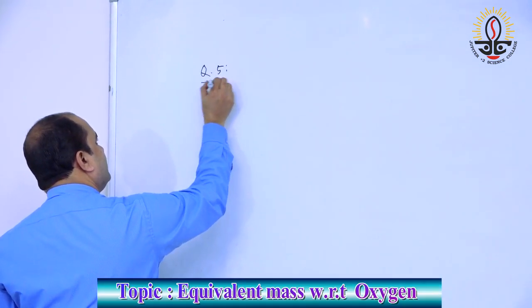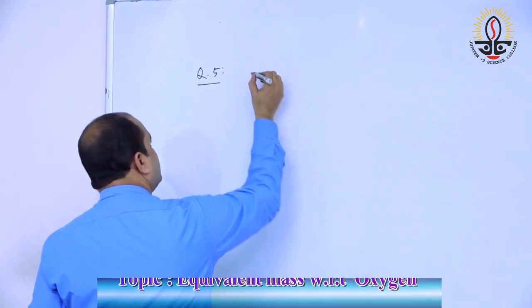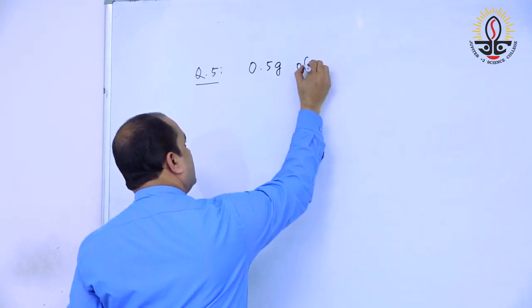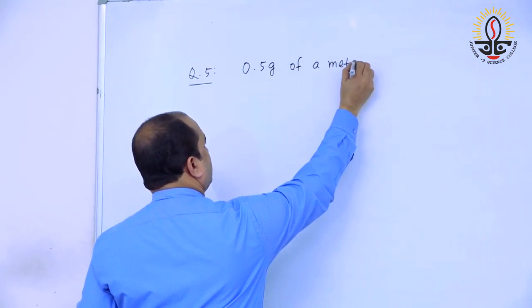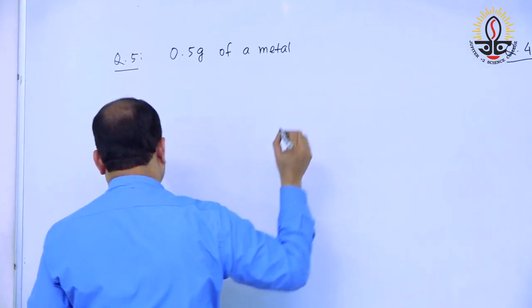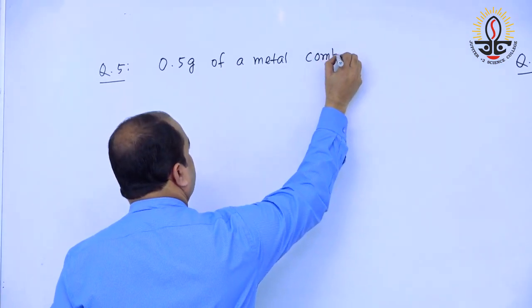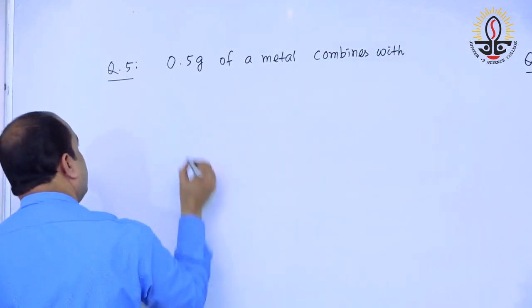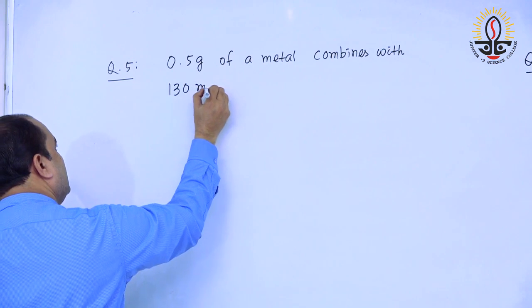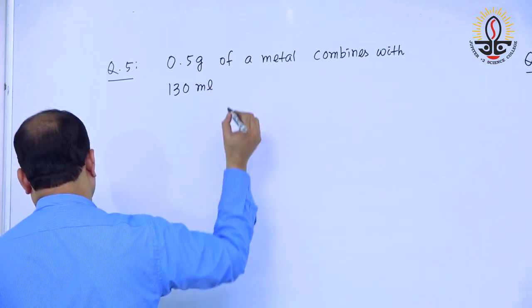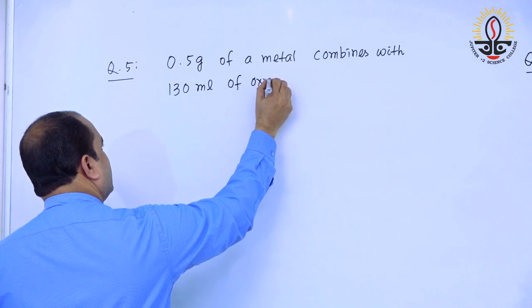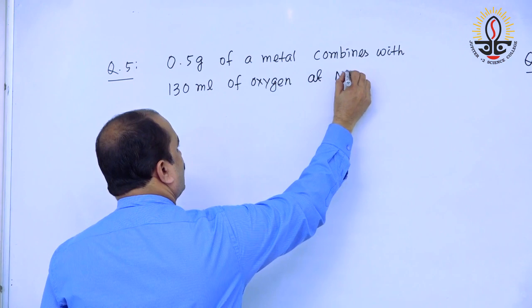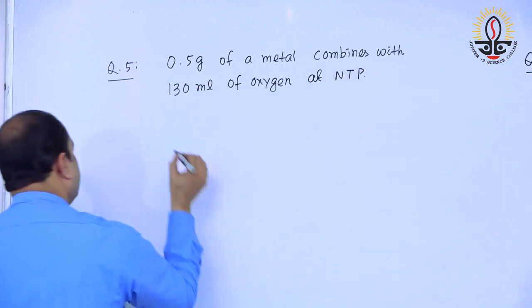Question number 5: 0.5 gram of a metal combines with 130 milliliter of oxygen at NTP, normal temperature and pressure.